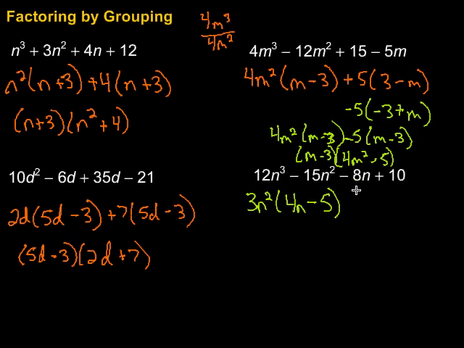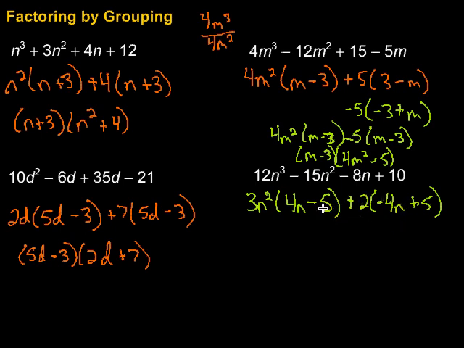Then this piece, let's see. What do they have in common? Well, we could take a 2 out of both. So I'm going to take out, and in this case, let's just start by taking out a positive 2 and see what happens. So if I take out a positive 2, negative 8n divided by positive 2 would be negative 4n. Then 10 divided by 2 would be plus 5.